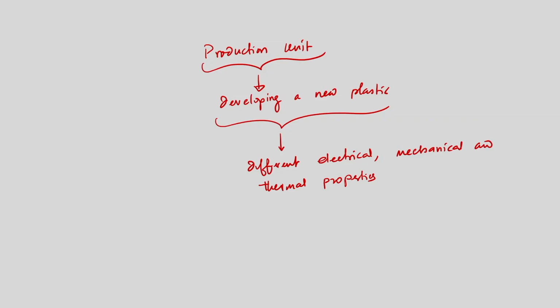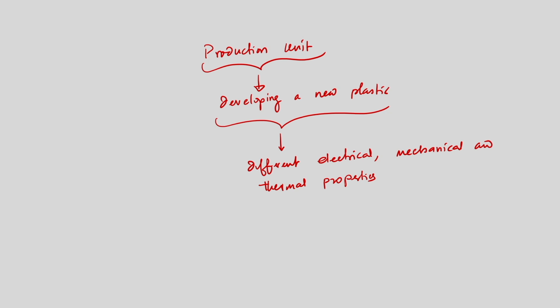So, our objective behind the development of a new plastic is to ensure that the new product should have different properties. It may be electrical or it may be mechanical. So, the objective is completely different. That means the objective is to develop a new product.